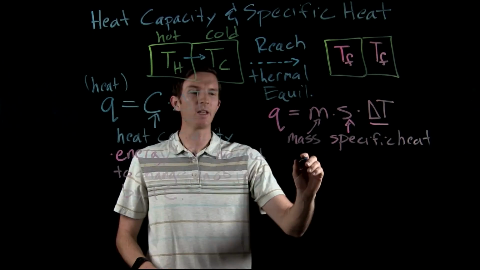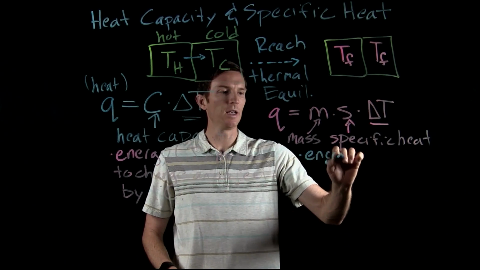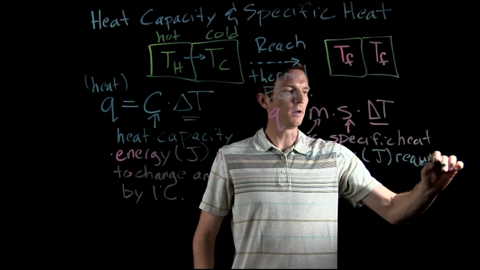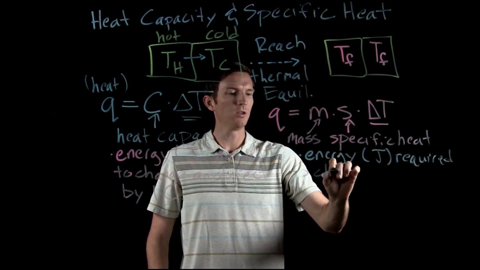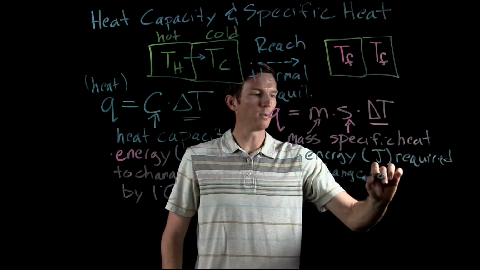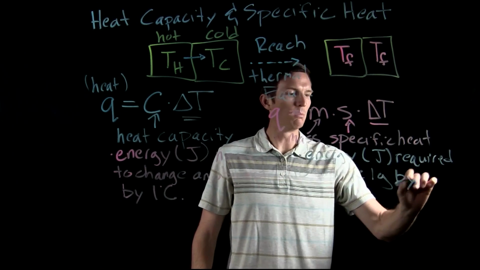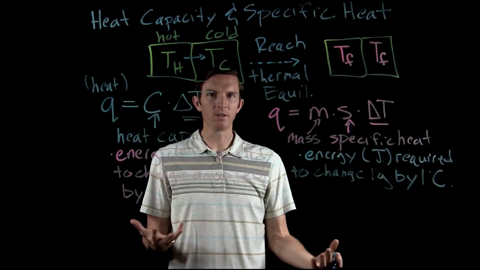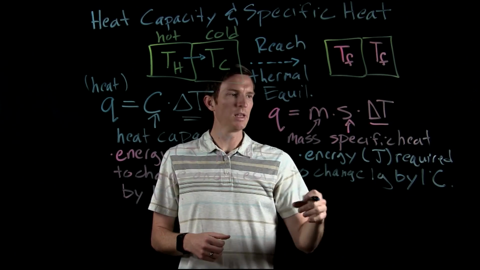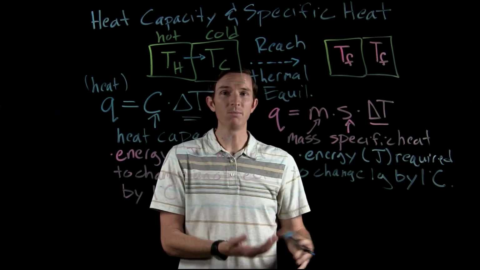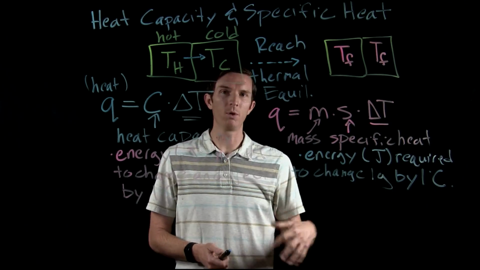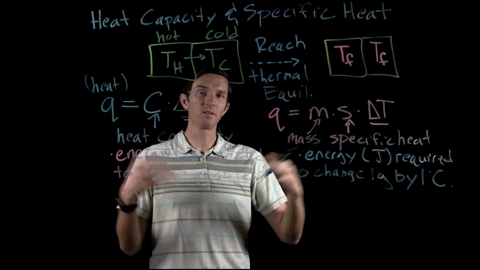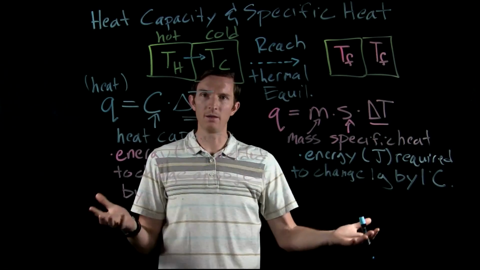Specific heat is the energy, again joules, required to change 1 gram of a substance by 1 degree Celsius. So again, we see there's a difference here. Our specific heat is an intensive property because we're taking it per 1 gram. Our heat capacity is an extensive property. It depends on the amount that we have.